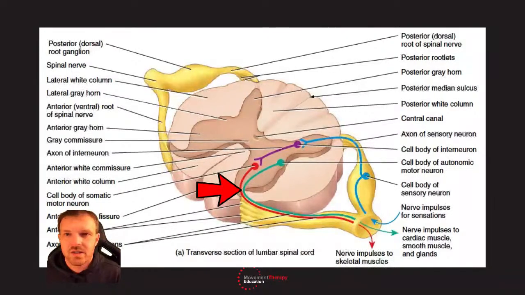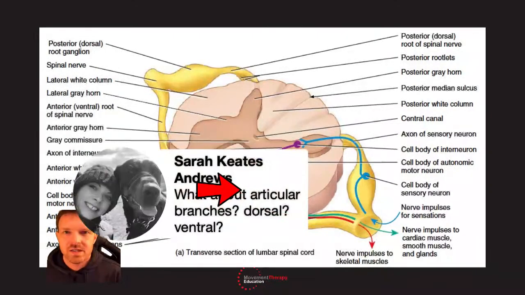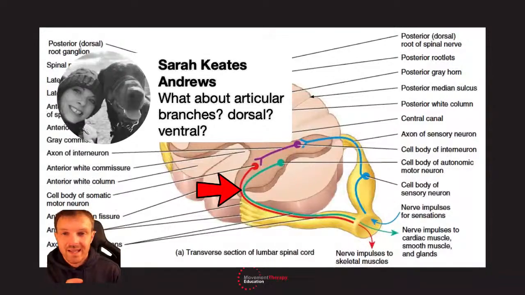That's a really good question. Yeah. So what about articular branches, dorsal or ventral? When they get to that stage, articular branches are usually sensory, but I'll talk about that in a sec.